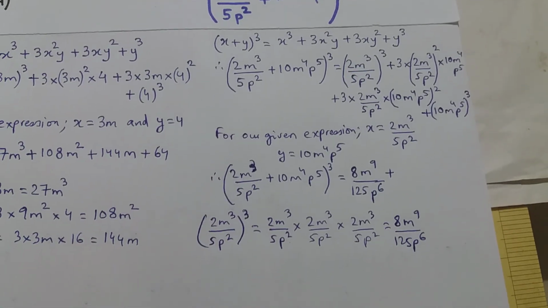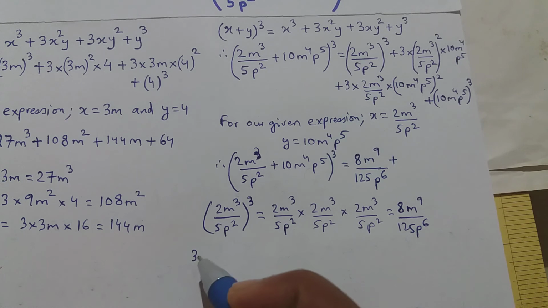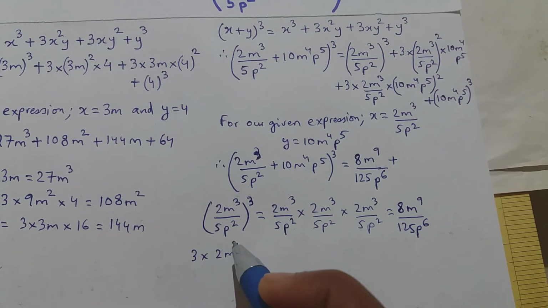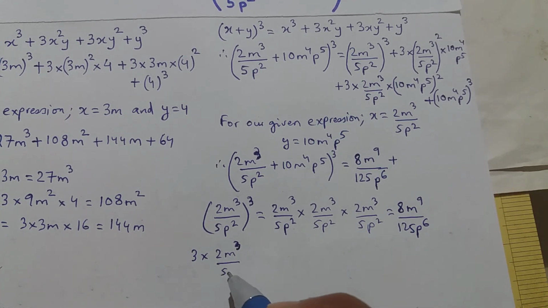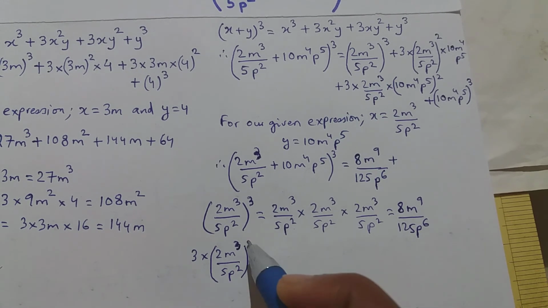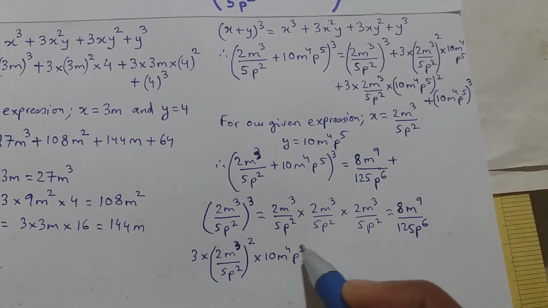So I will do the working over here. So we have 3 into (2m cube upon 5p square) whole square into 10m to the power 4 p to the power 5.